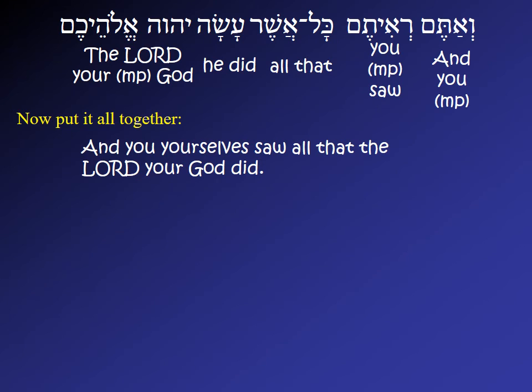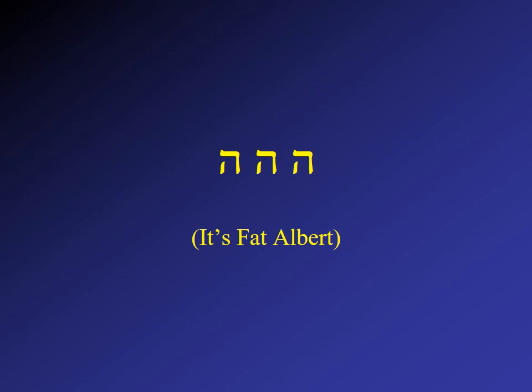So what I've done with that is to say you yourselves. So you yourselves saw. And then kol asher asa, all that he has done. And then the subject, of course, Adonai Elohechem, the Lord your God. Alright, so that's that. Do the exercises in the book 142 and 143, and I will see you in class.